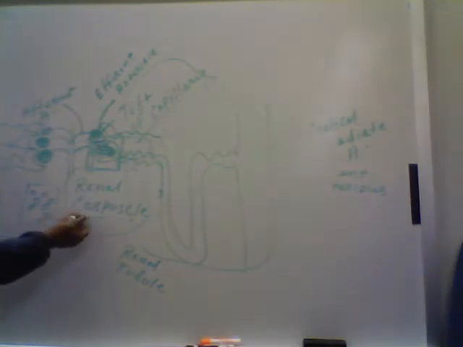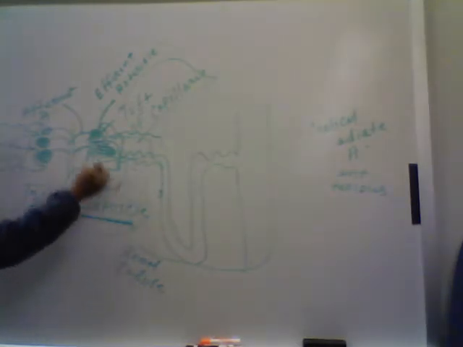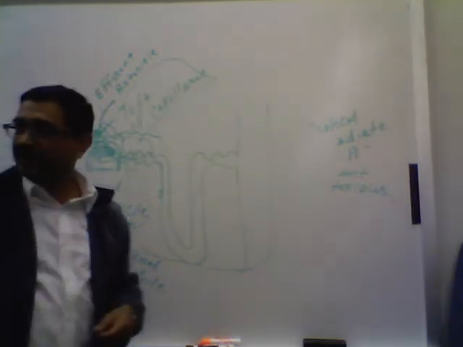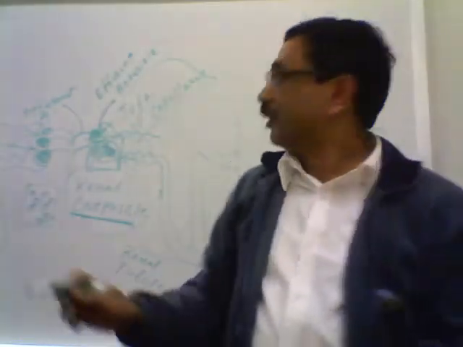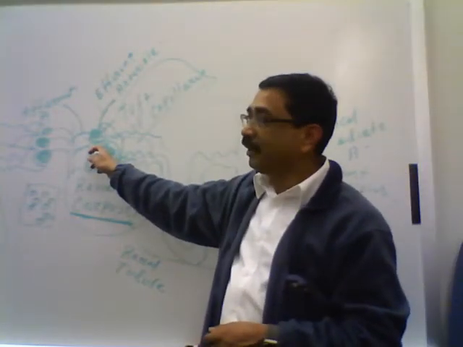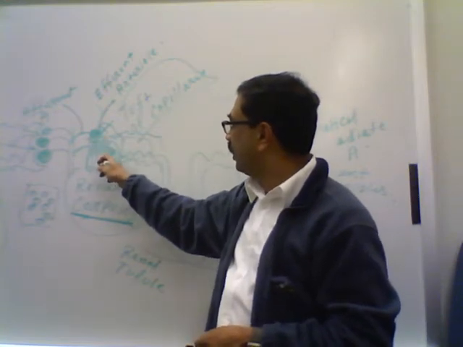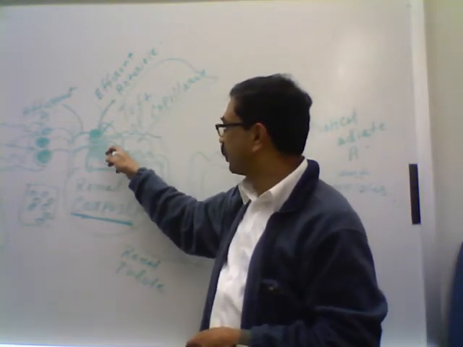Now if I ask you, renal corpuscle has how many structures? You have two structures here, you see. This is what? Tuft of capillary, that is called what? Glomerulus, right? So you have glomerulus here, and this part of the nephron is called glomerular capsule.